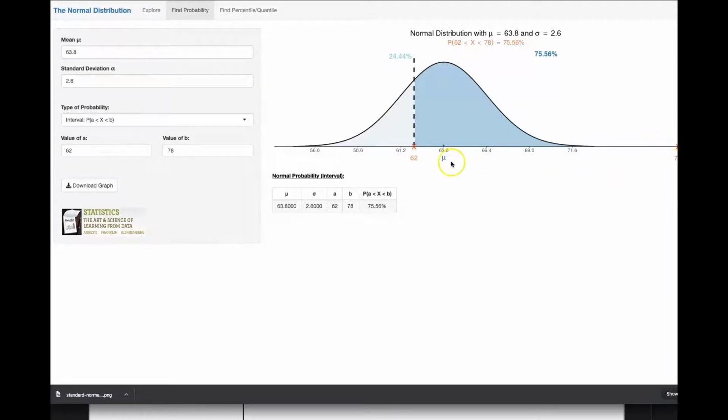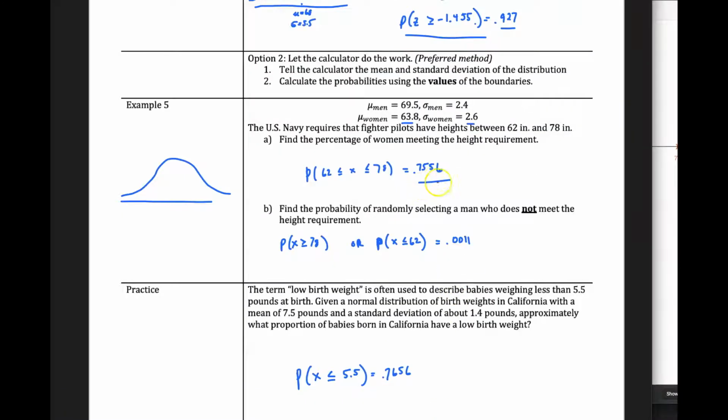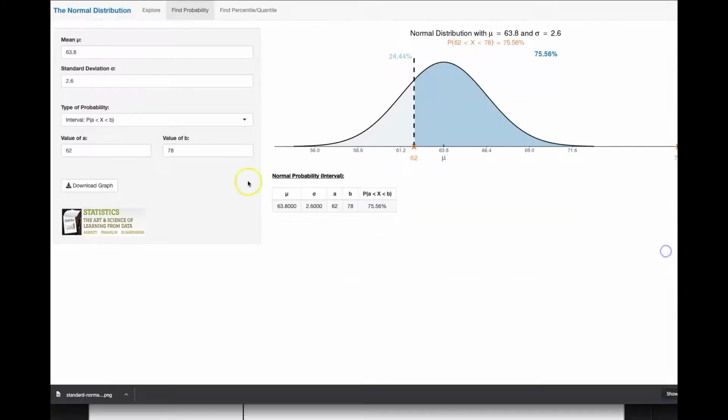And it looks like our answer would be 0.75, or 75% of women would fall between that. And so there's your answer right there.